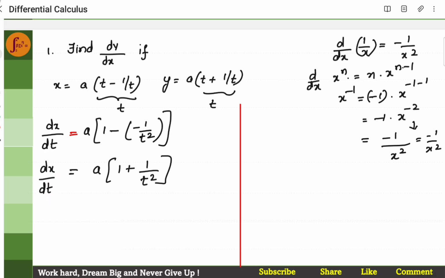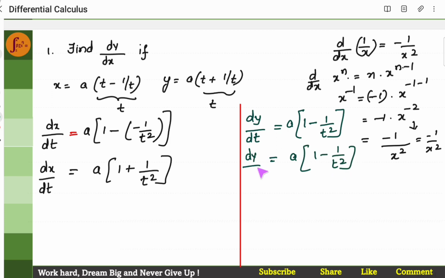Now similarly we'll find dy by dt. y is this one. So it will be a into the derivative of t, which is 1. The derivative of 1 by t is minus 1 by t square. So I'll get a into 1 minus 1 by t square as dy by dt.